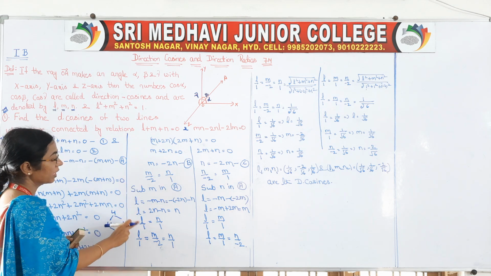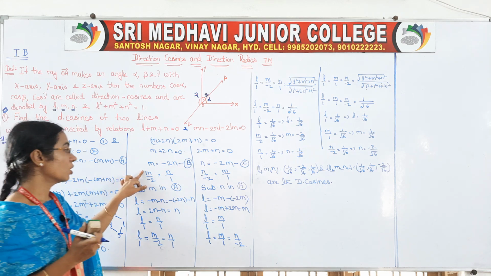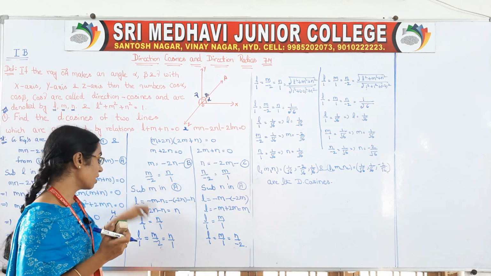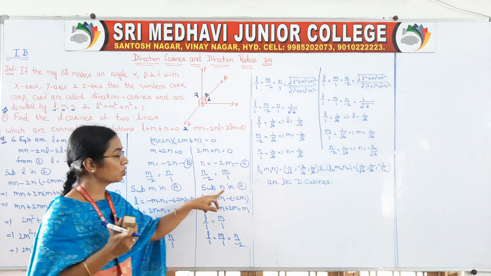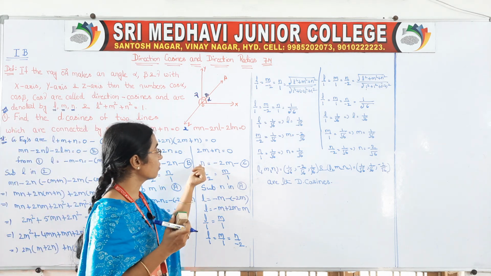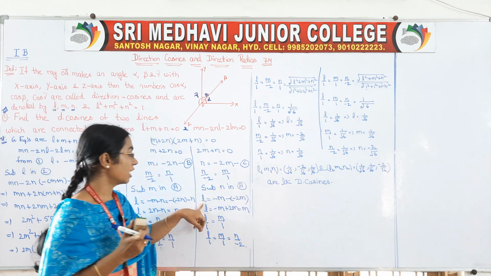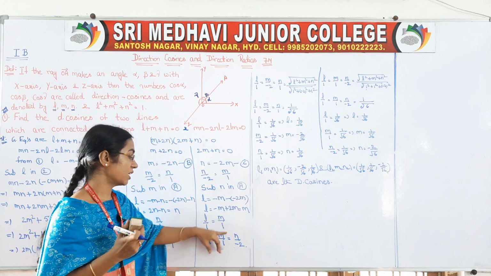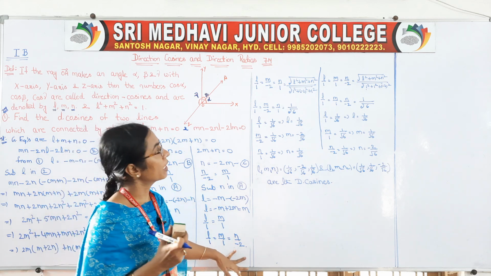Once you get it, l by 1 is equal to n by 1, and you can equate that with m by minus 2. Similarly here, from this equation we got n, so substitute n in A. Then you will get one equation, l by 1 is equal to m by 1 is equal to n by minus 2.